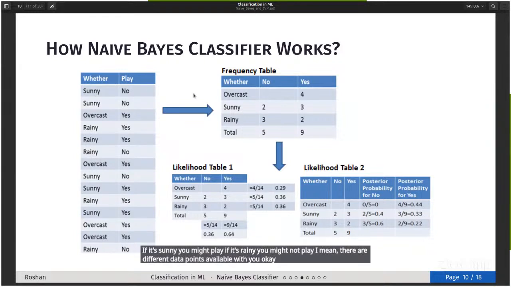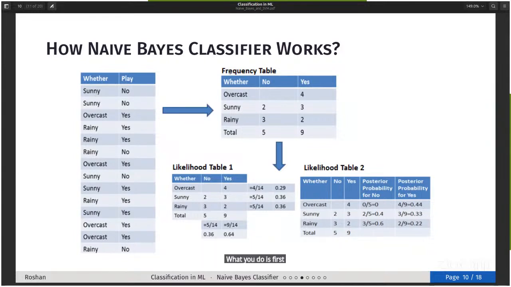What you do is first you calculate the frequency table, a frequency table for each event. You calculate the frequency of class labels. So if it's overcast, how many times is there a no?